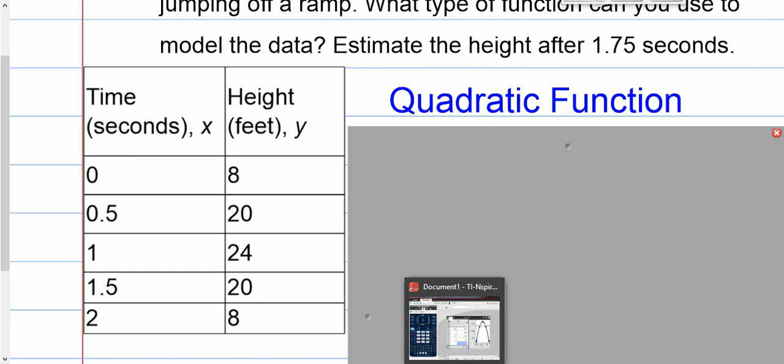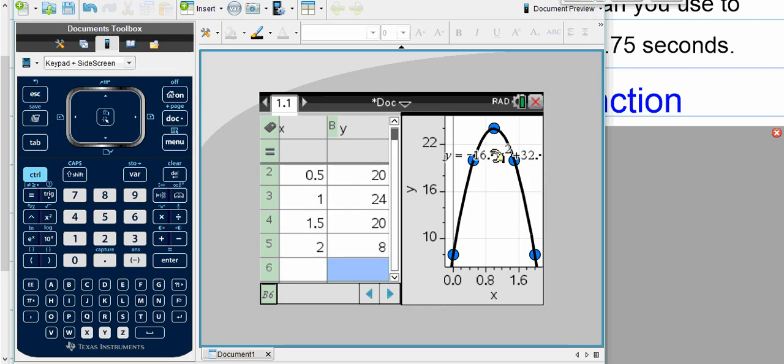Now then, what we also need to do is write down this little function right here. If you're wondering, the way I moved that, watch my pointer as it goes over that equation. See the little hand? If you hold down, usually on yours, the hand will close, and then you can move it to wherever you need to. So that is going to be negative 16x squared plus 32x plus 8.